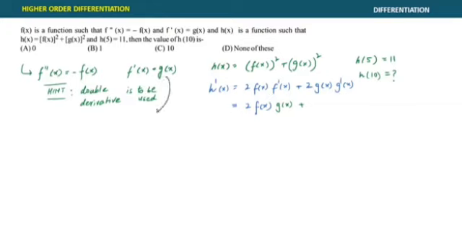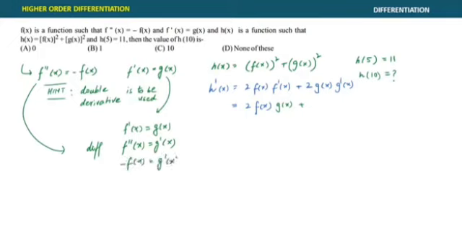I again rewrite this particular step over here, so f dash x is equal to g(x). I'll differentiate this, and I'll get f double dash x is equal to g dash x, and we know from here that f double dash x is minus f(x), so I can say g dash x becomes minus f(x). Can you see this?